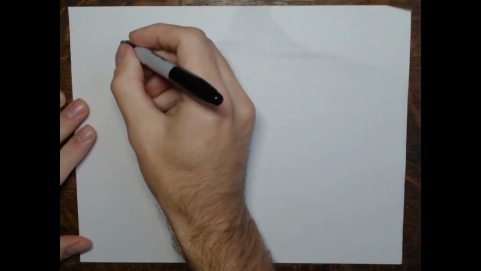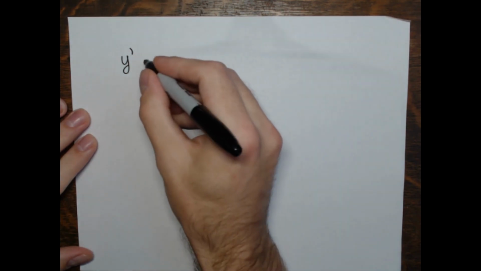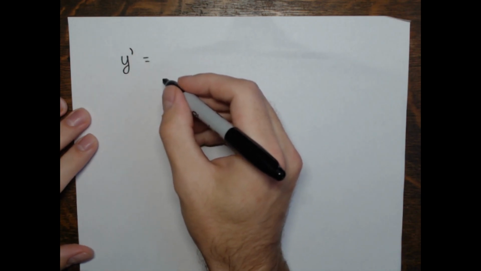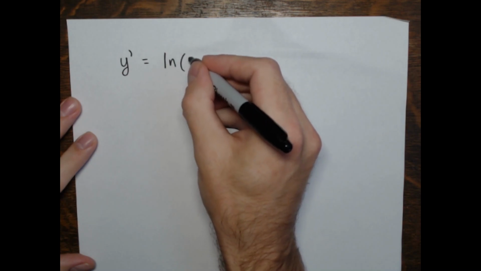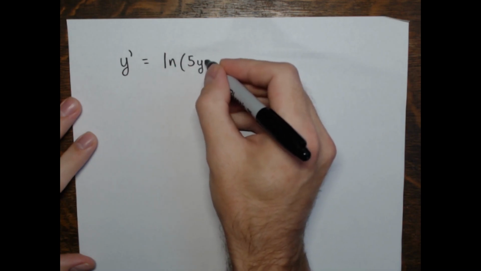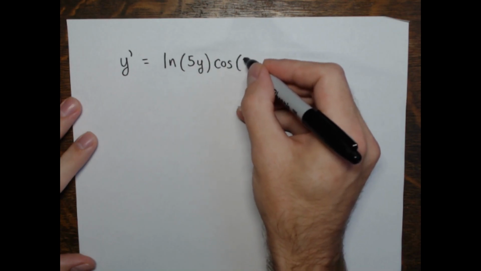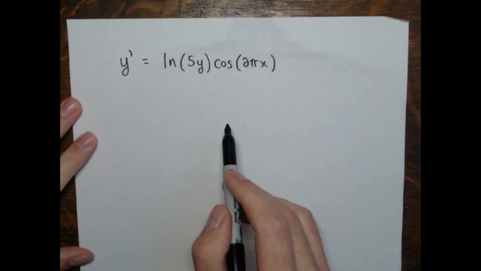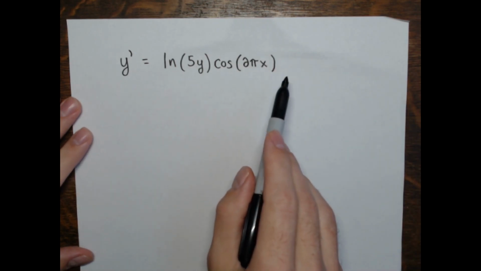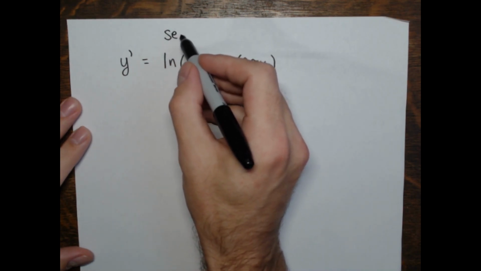All right, so my equation, the differential equation we're given here is, y prime or dy over dx, the first derivative of y with respect to x, is the natural log of 5y multiplied by the cosine of 2 pi x. Right, so this equation is what they would call separable.